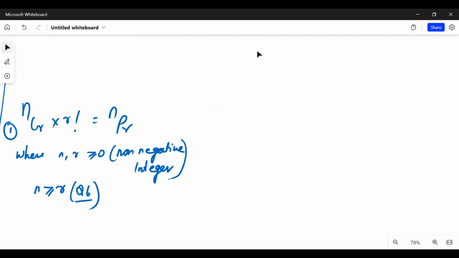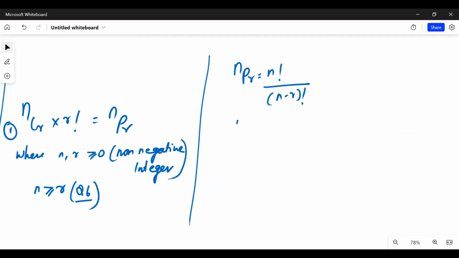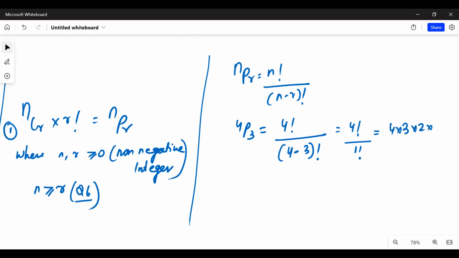So now once you have understood this, when I say nPr, nPr stands for n factorial by n minus r factorial. So if I'm saying 4P3, question number 1, 4P3 would be 4 factorial, where 4 is n and 3 is r, divided by 4 minus 3 factorial. So this would be 4 factorial divided by 1 factorial, which I can write as 4 into 3 into 2 into 1 factorial by 1 factorial.